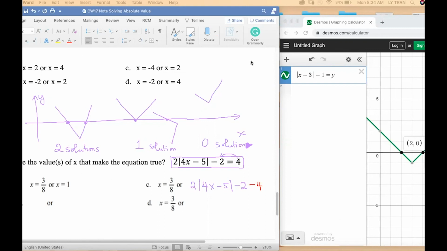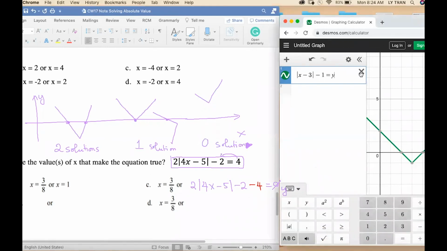Now here you have an option to simplify this if you want. I really don't, because sometimes I could make a mistake simplifying them, and plus I'm gonna graph them anyway. It doesn't make any difference, so I'm just gonna graph them like that. But if you wanna simplify -2 minus 4, well, we already know that's -6, you are more than welcome to do that.